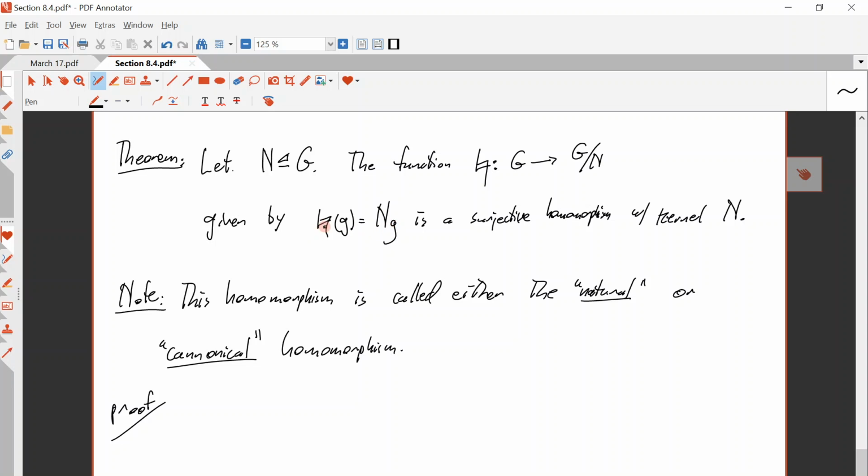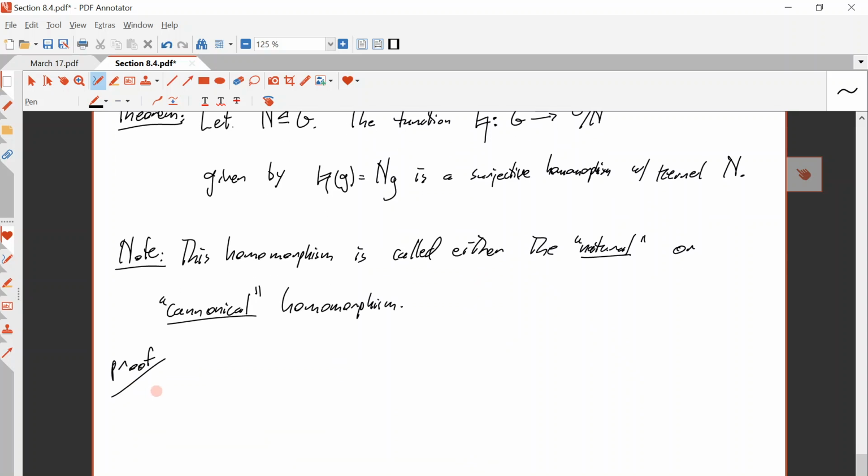Right cosets Ng, and the map sends g to Ng. So this is surjective by definition.